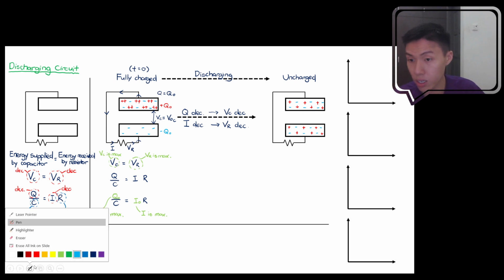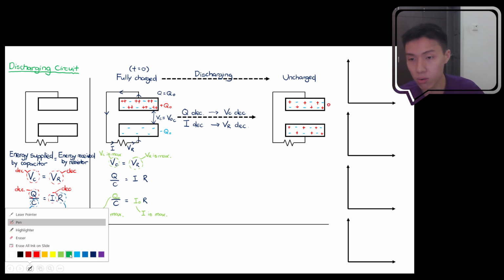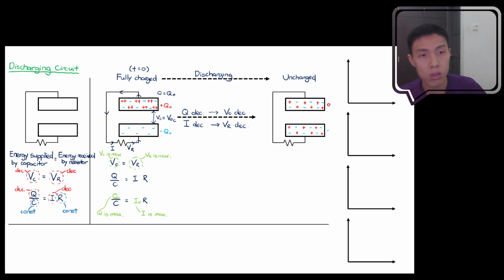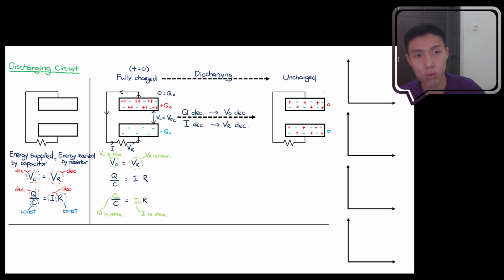So I'll write this as 0. I'll write this as 0. So right now there's no longer any charge stored, so we can say Q is now equal to 0. And because there's no charge stored, you should expect there's no potential difference anymore. So VC is equal to 0.